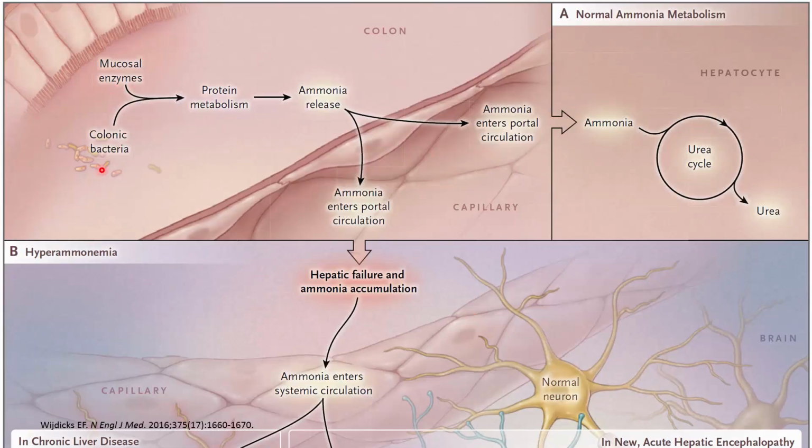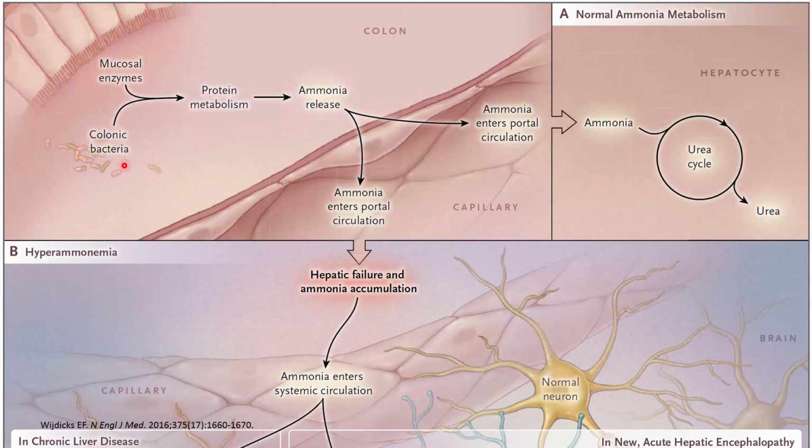So in the colon, what typically happens is that we have normal flora, bacteria that normally reside in the colon, and they have the job of converting proteins, as part of protein metabolism, to ammonia.